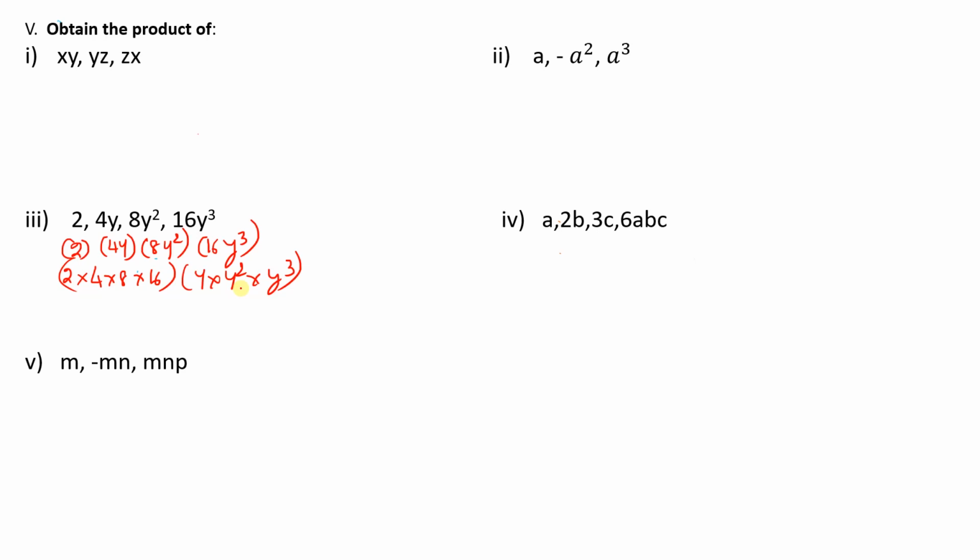You have to multiply all these numbers. 2 into 4 is 8. 8 8s are 64. 64 into 16 is, you will get it as 1024. 1024 into y to the power 1 plus 2 is 3, 3 plus 3 is 6.